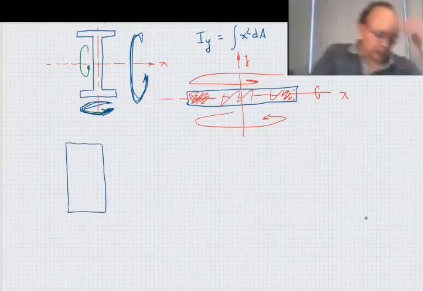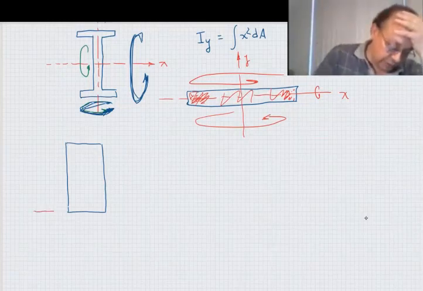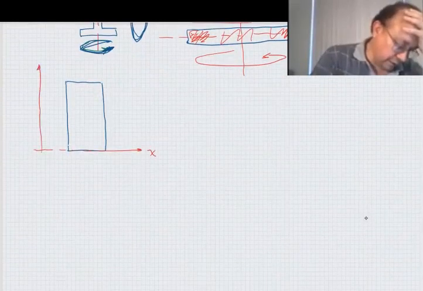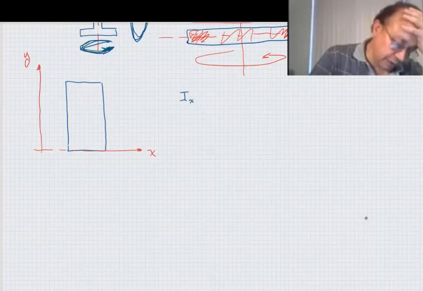Rectangle. Let's do the moment of inertia with respect to this x-axis here. This is the y-axis here. And as we said, moment of inertia with respect to the x-axis is equal to the integral of y squared dA.